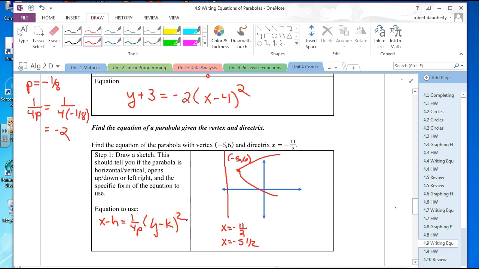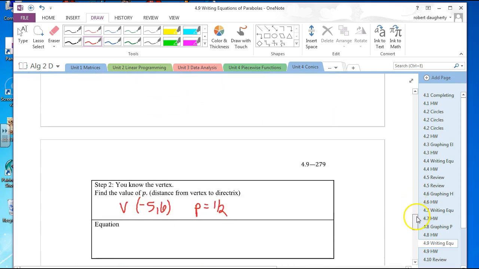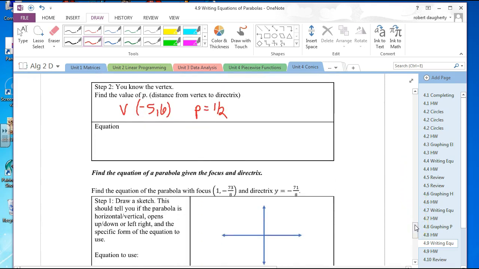I know the vertex and I know P, so this equation is x plus 5 equals 1 over 4 times 1/2 times y minus 6 squared. What's 4 times 1/2? 2. So this is just x plus 5 equals 2 times y minus 6 squared.